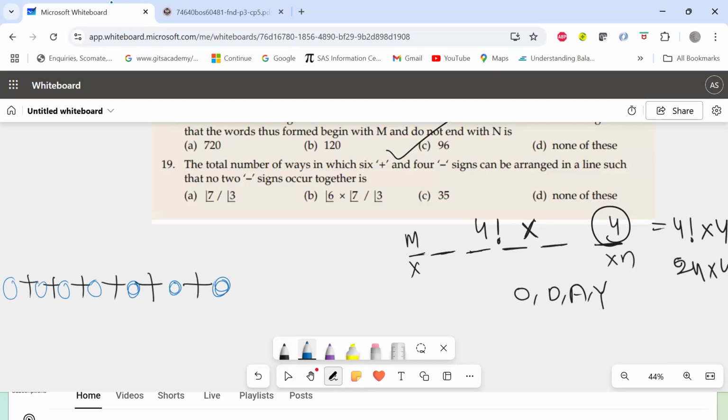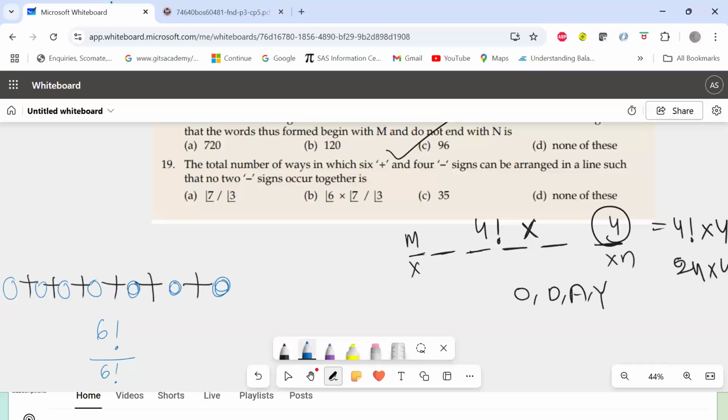Now if I'm arranging 6 plus signs, you can arrange them in 6 factorial ways, but all are identical, so they would be 6 factorial by 6 factorial.